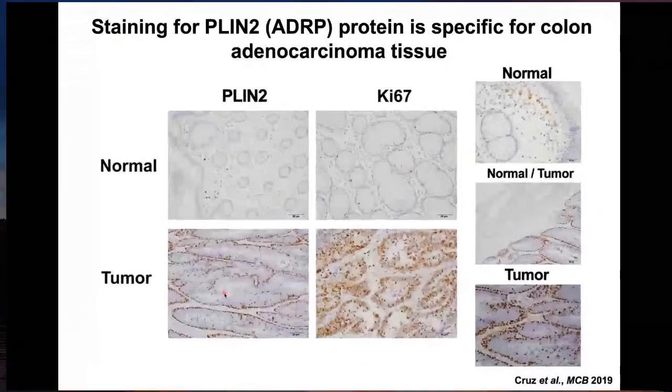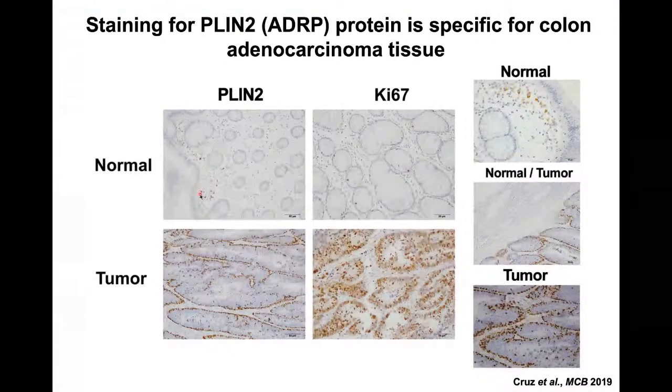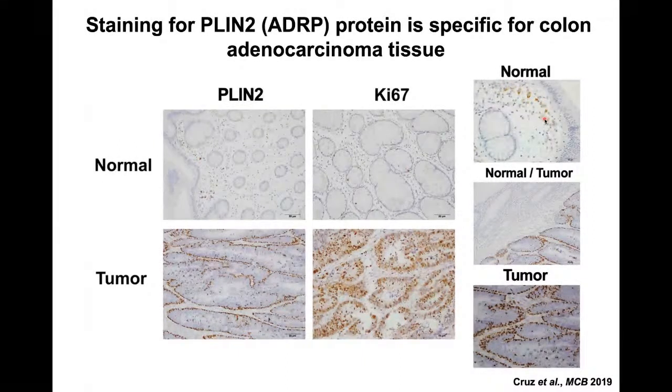What we see in the normal sample is still some labeling of lipid droplets, but this is mostly related to resident macrophages in the tissue. However, in tumor tissue, we are able to see a high number of lipid droplets and labeling of RDRP in proliferating epithelium, which correlates with Ki67.